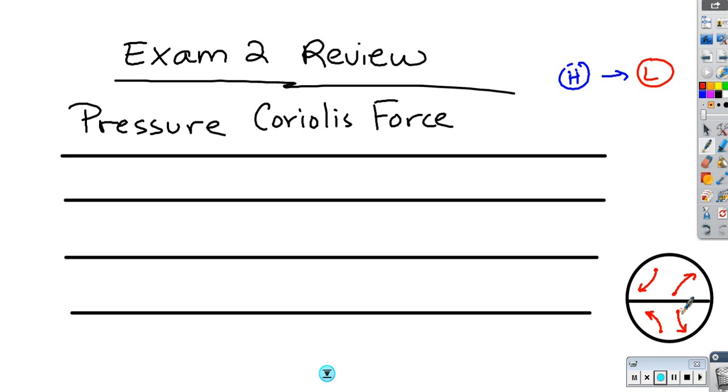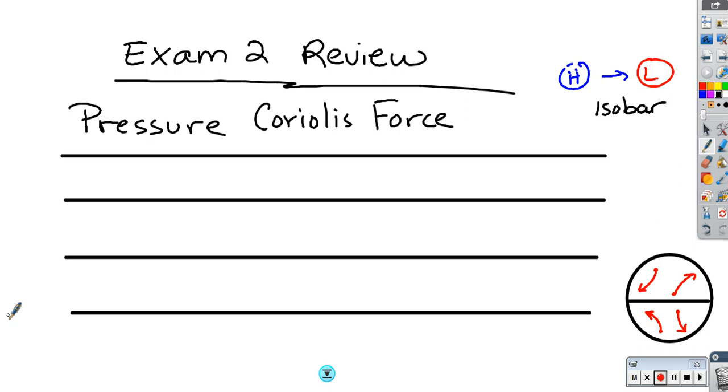But just to illustrate the point that we brought up a couple times in class, about the effect of all the forces, the pressure gradient force and the Coriolis force, and what impact they have on the motion of a parcel of air. Let's again consider we have these isobars in black here. They represent lines of equal pressure.